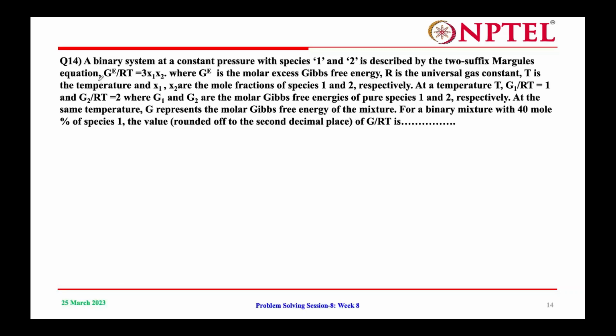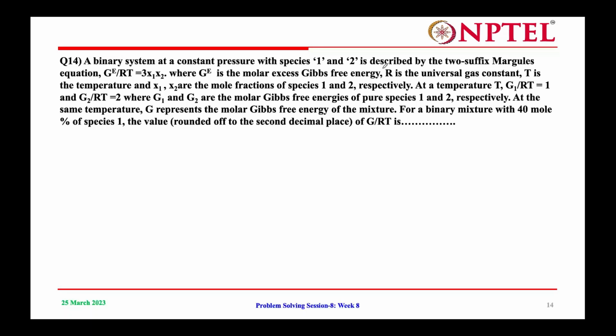Now question 14. A binary system at constant pressure with species 1 and 2 is described by the two-suffix Margules equation. G^E, denoting the excess property, divided by RT equals 3 x1 x2, where G^E is the molar excess Gibbs free energy, R is the gas constant, T the temperature, and x1 and x2 the mole fractions of species 1 and 2.